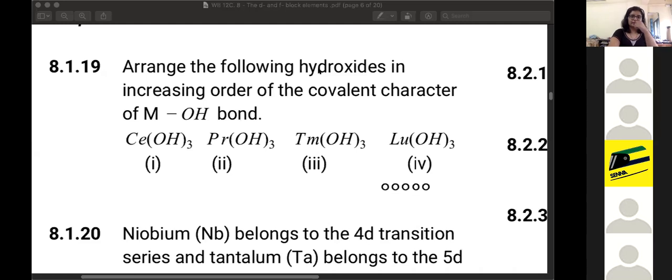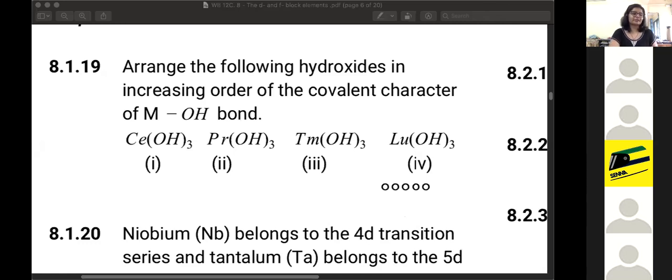Because the size is decreasing as you go from left to right, how does that affect the nature of the OH bond? In F block elements, how is the nature of the OH bond affected because of the size? No? Not sure?